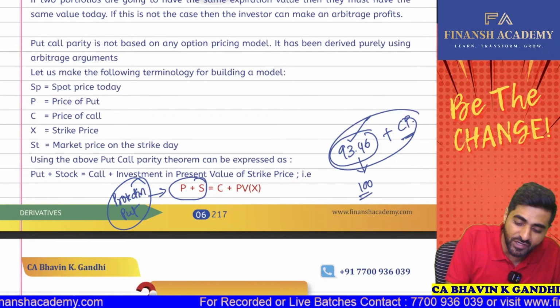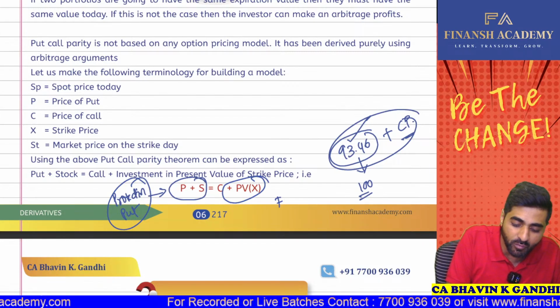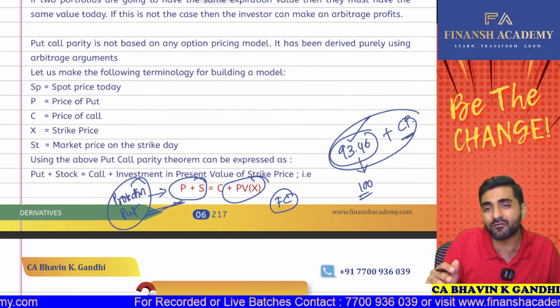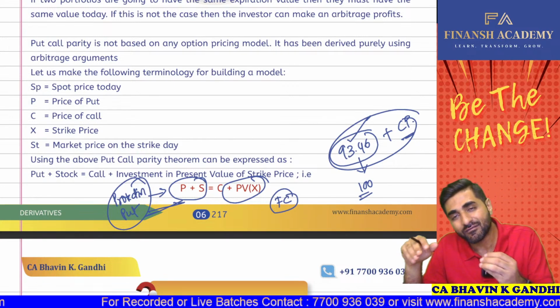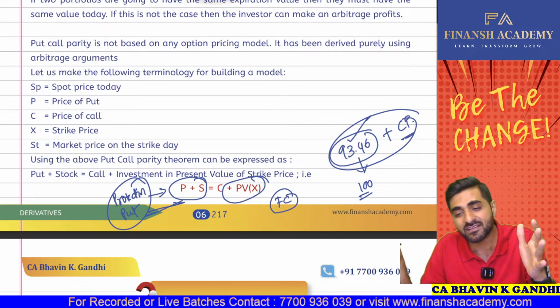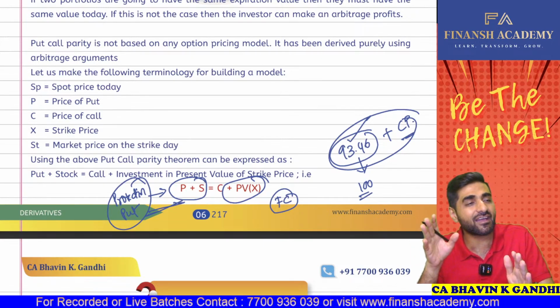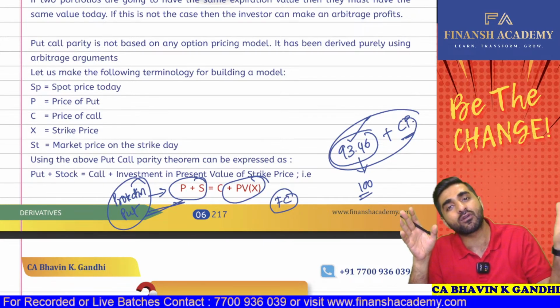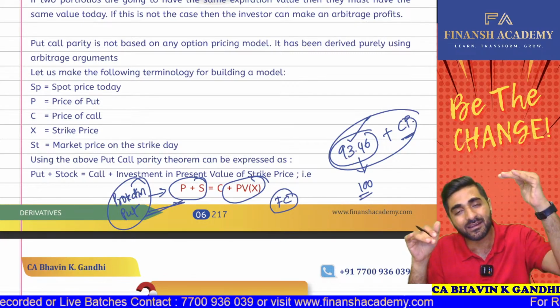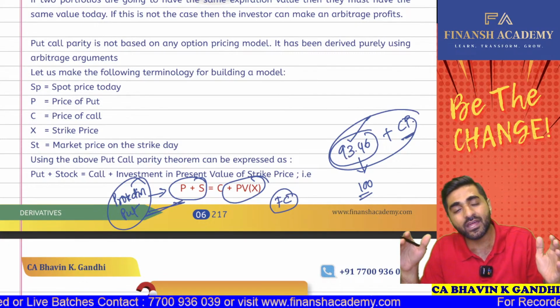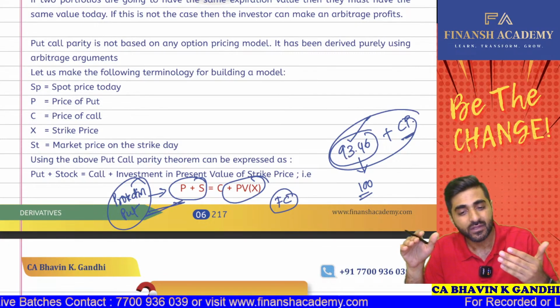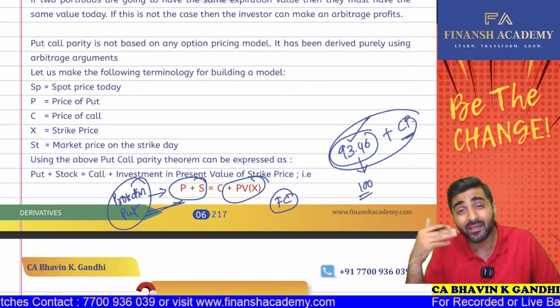So what are a fiduciary call and a protective put? The protective put portfolio is very commonly used by layman investors also, when they have an investment in a particular portfolio and they fear that the market prices are going to fall, what do they do? They buy a put option. So protective put means they are going to buy a put option.